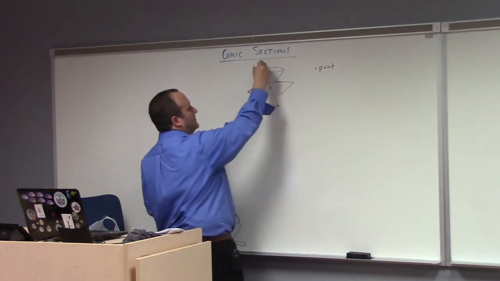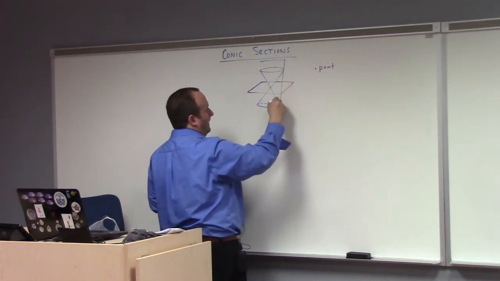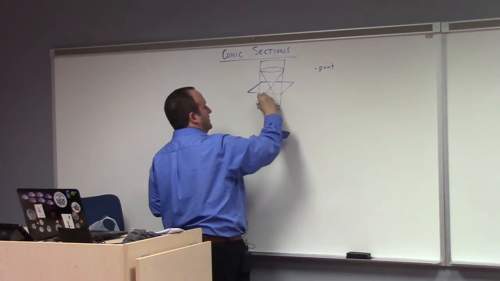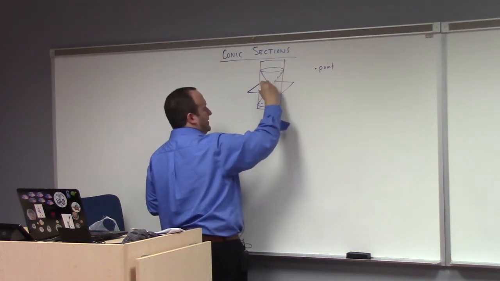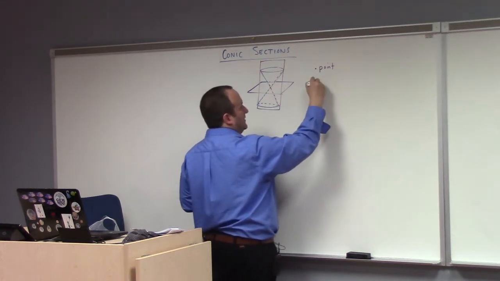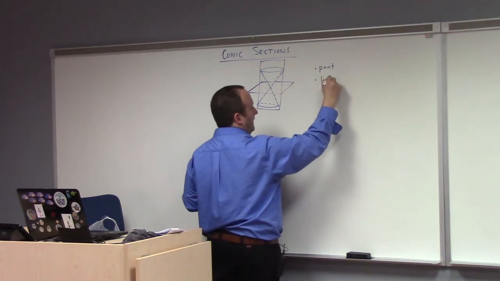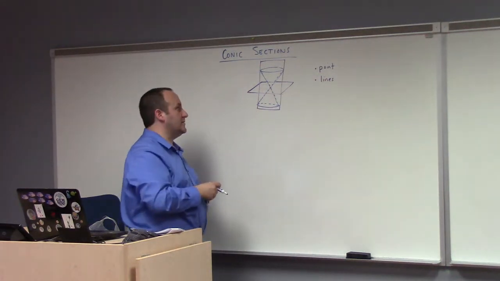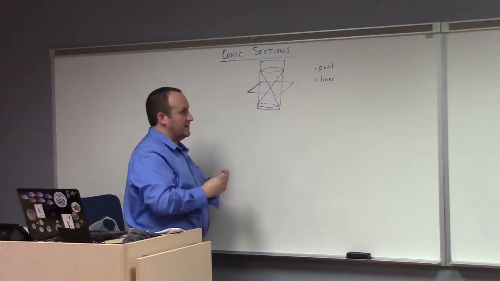If you took the vertical plane like this, then it would actually intersect along these lines. So we could have lines. That's another thing that's formed by the intersection of a cone and a plane. I need a new cone at this point.